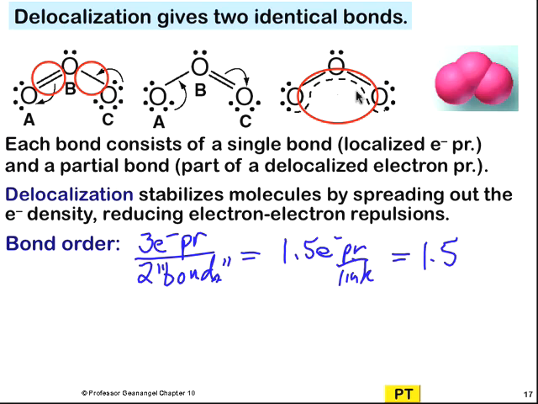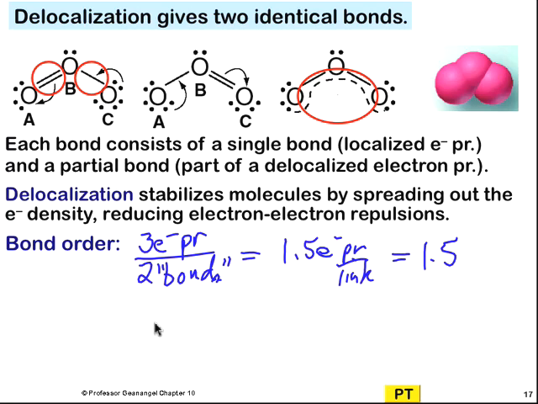Do you have a question on resonance? The things you should know include when to expect resonance, and that is when there's a double bond and a single bond, or a multiple bond and a single bond, adjacent to one another involving the same atoms, and how to represent the resonance hybrid and figure out what its characteristics would be, including its bond order.